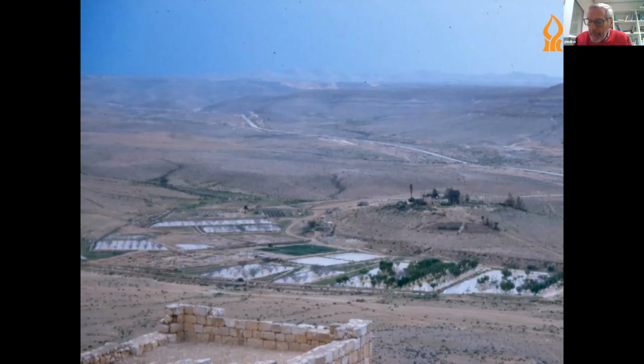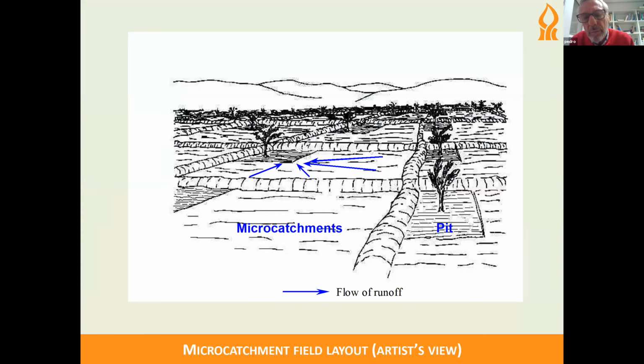In this case, we have plots which are of the order of, I would say, 1/10 of a hectare to half a hectare. But we can as well imagine or develop systems which are smaller, which we call microcatchments.